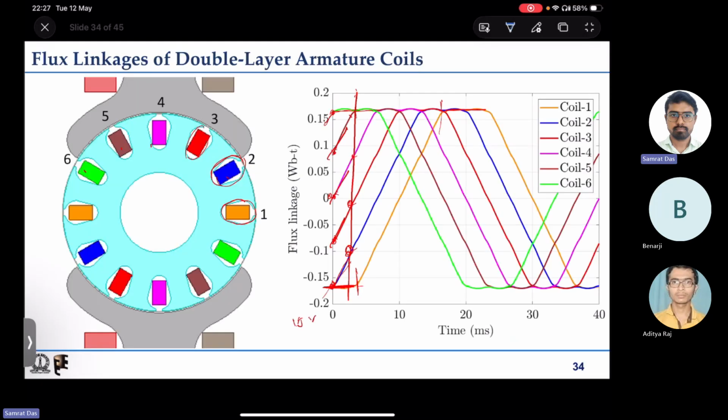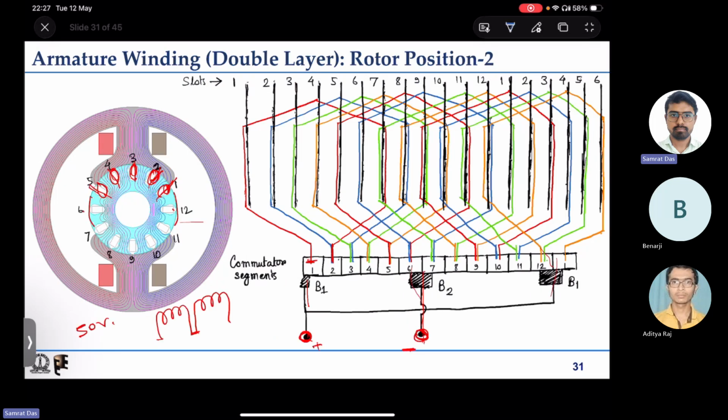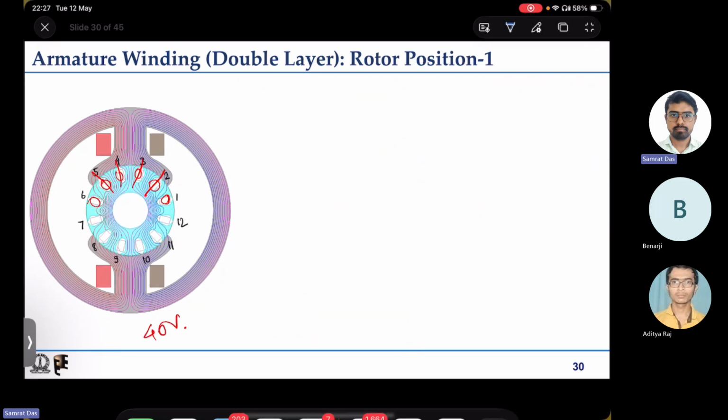As we have understood before, if we look at one individual coil inductance, say this coil 1, it has a reasonably high permeable path, so its reluctance is quite low, so inductance is quite high.